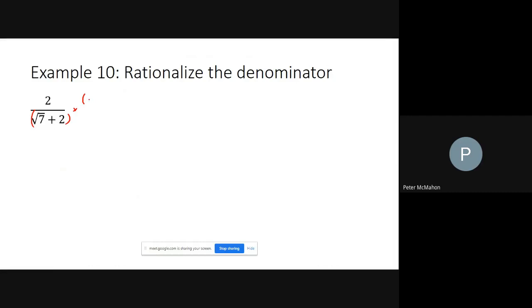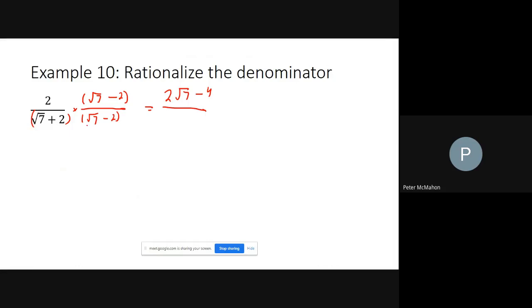What I want to multiply is root 7 minus 2, like this. So the top and the bottom by the conjugate of the bottom term. Now in the numerator, it gives me 2 root 7 minus 4.